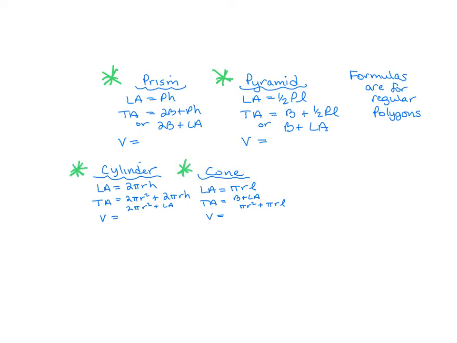Notice I haven't filled in volume yet because we're going to be covering sections 11.6 and 11.7, and this is where we're going to learn the volume formulas. So tonight, which is due Thursday, you're going to be doing volume of prisms and cylinders, and then 11.7 is going to be volume of cones and pyramids. And then you can add it to this list.